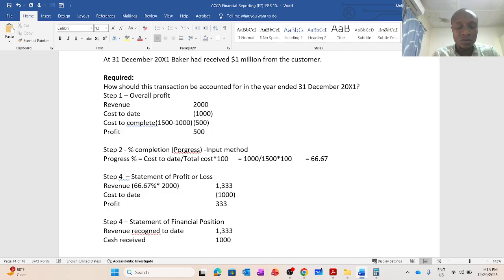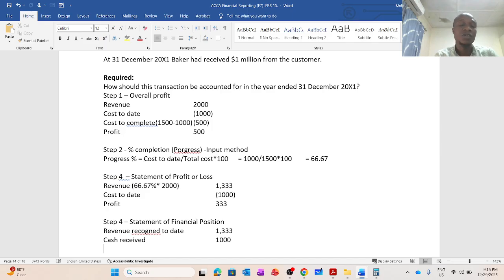I've already covered the concept of contract assets and contract liability in lecture 3, so you can review it to understand. But in short, if the revenue recognized is more than the cash that we received, it means we are going to recognize the contract asset. Why is it an asset? Because it is a property that is controlled by an entity.